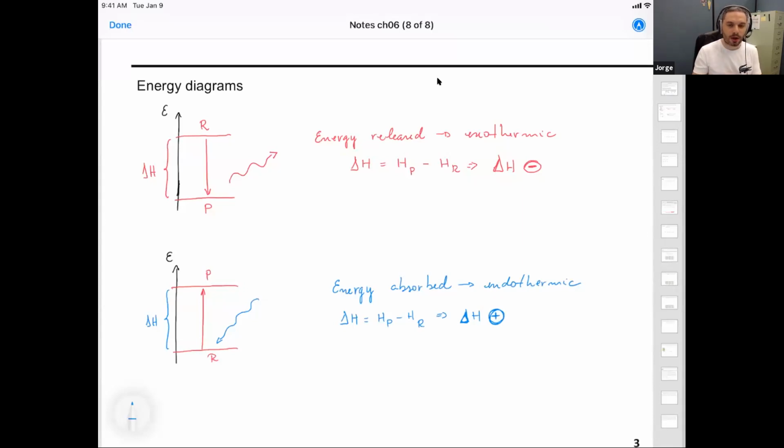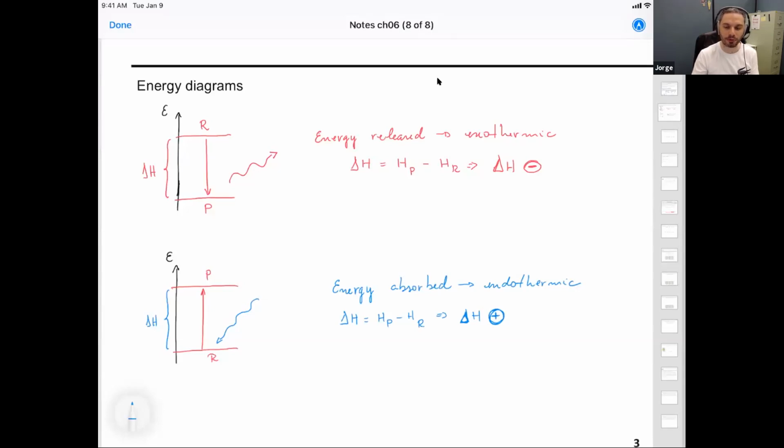And this is how we can use macroscopic observations to get details about the energy level of reagents and products in a chemical reaction. Okay, so using a very simple observation of the system getting a higher temperature or lower temperature, we can determine what's happening with the energy of the components of the reaction.